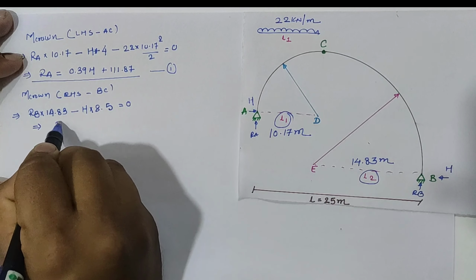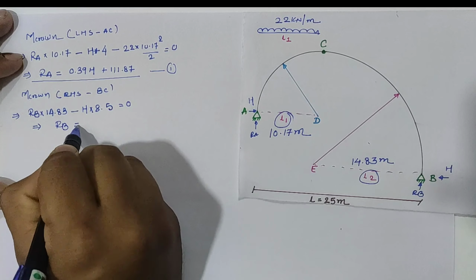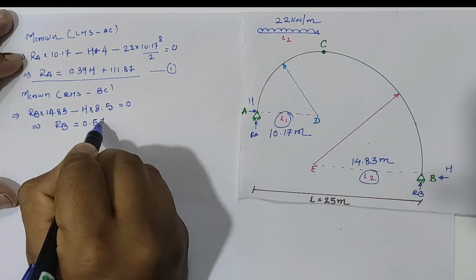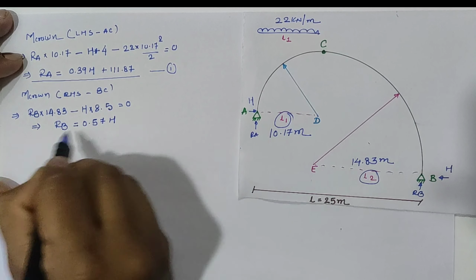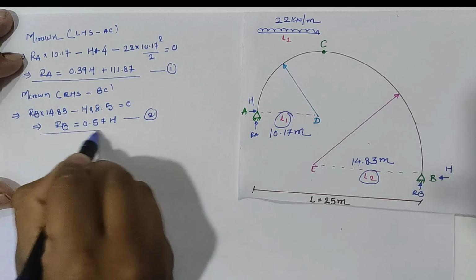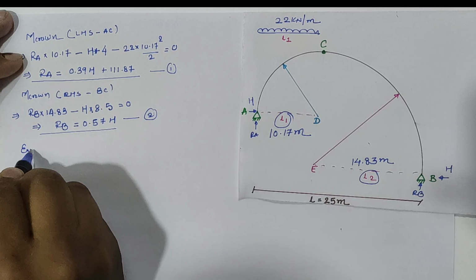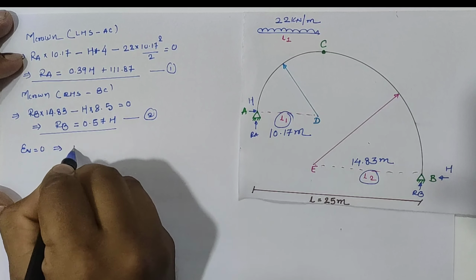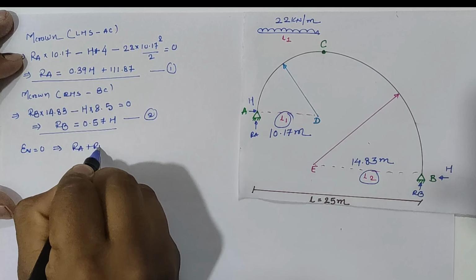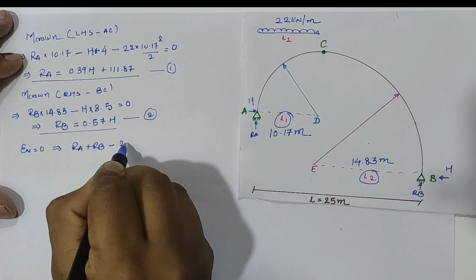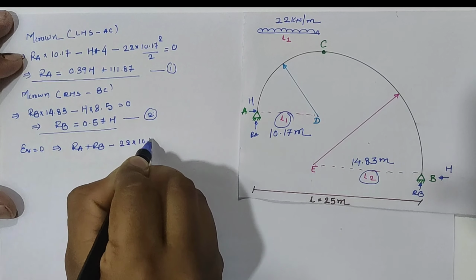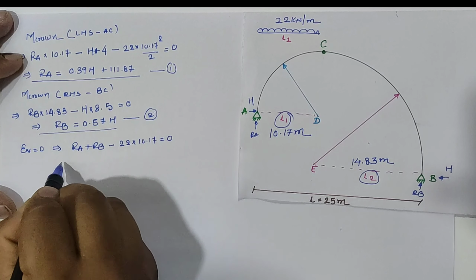It means that our RB value is equal to 0.57 into H, which is equation number 2. But we know that sigma V equals 0, hence RA plus RB minus 22 into 10.17 must be equal to 0.